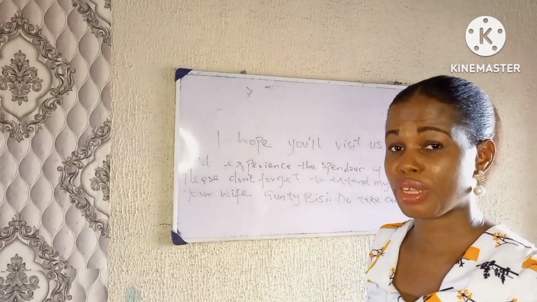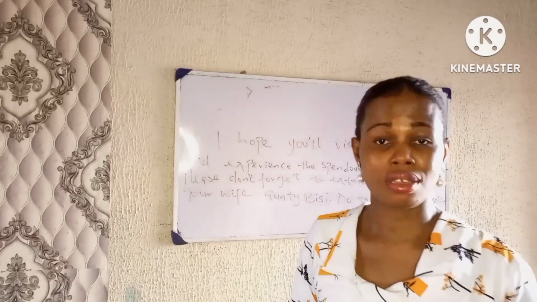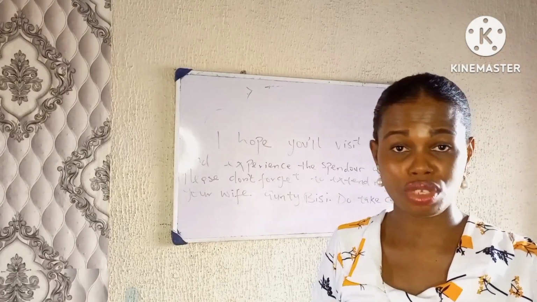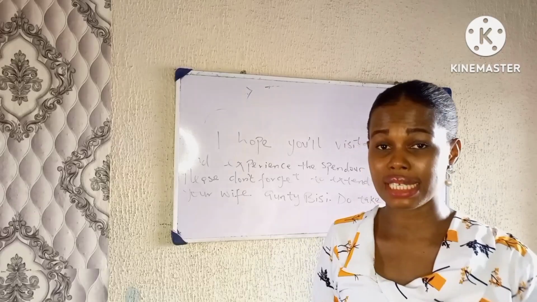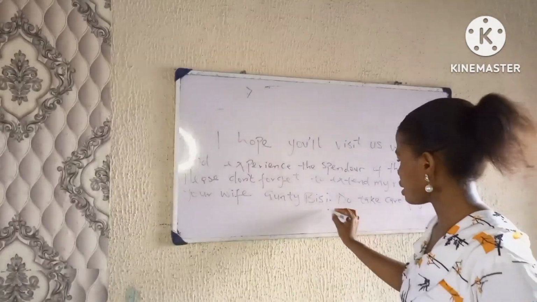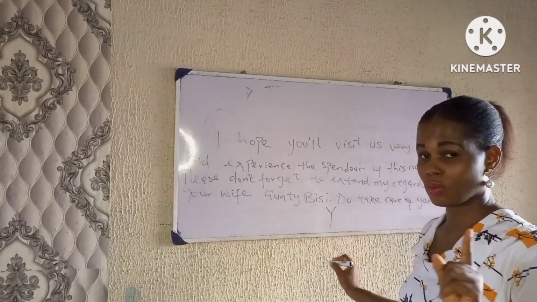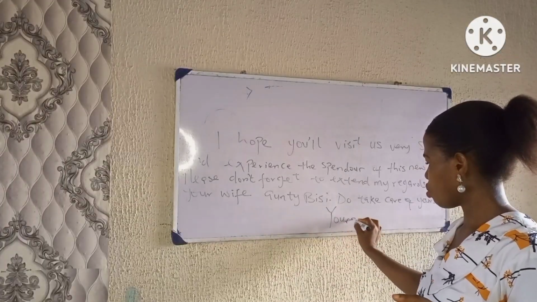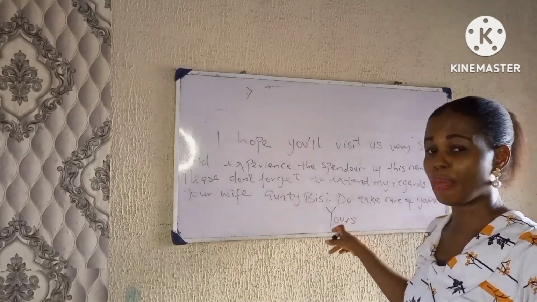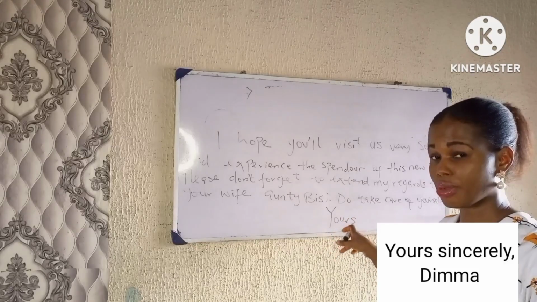Now, how do you write the complimentary clause in WAEC? The standard complimentary clause is yours sincerely. The Y in yours starts with a capital letter. Yours, no apostrophe, please. Do not put an apostrophe anywhere.